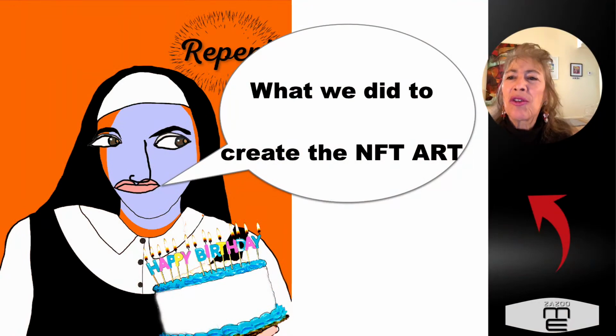So what we did to create the NFT art itself, as I said, Sal drew the art, I took it into Photoshop. But then I thought, what if the habits were a different color? And what if the eyes were a different color? And what if there were a bunch of different eyes?